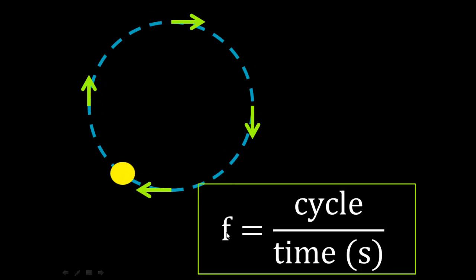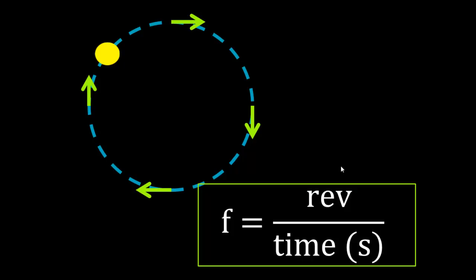So the period that we would have been talking about would have been 4 seconds per cycle, or 4 seconds per revolution. Here we're saying how many revolutions can it make in a second? Well, it can't even make a full revolution in a second if it's taking 4 seconds to complete a revolution. So it would be a quarter of a revolution per second, right?